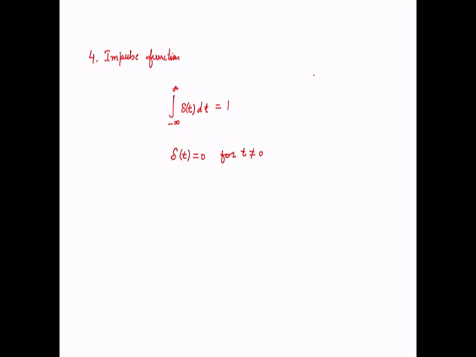The graphical representation of this signal is, we are having the component x(t) on the y axis, and on the x axis we are having time, and the magnitude is 1 by delta, within the delta instant of time. So this is the representation of the rectangular pulse function.